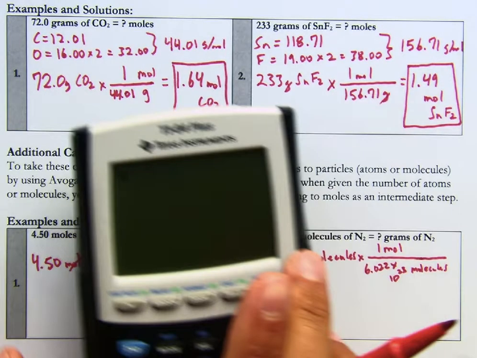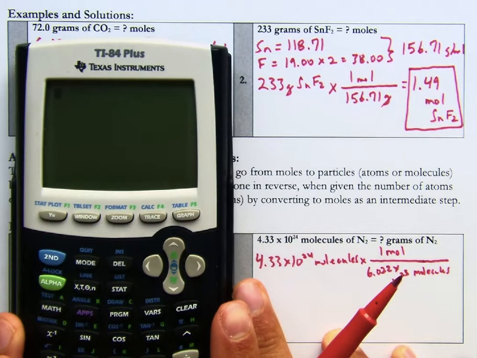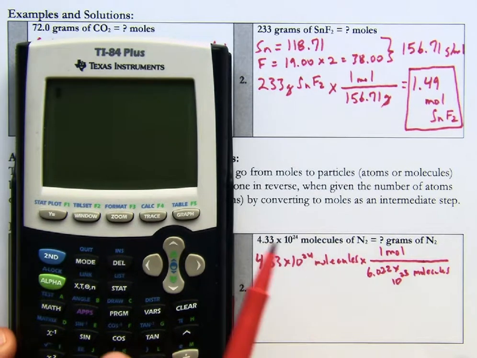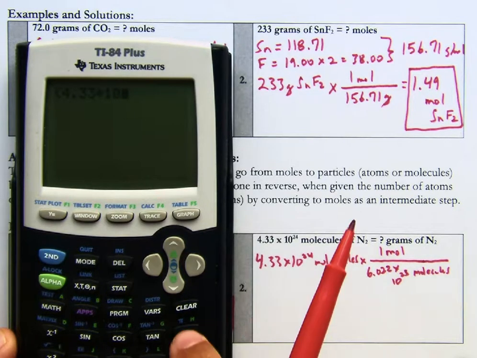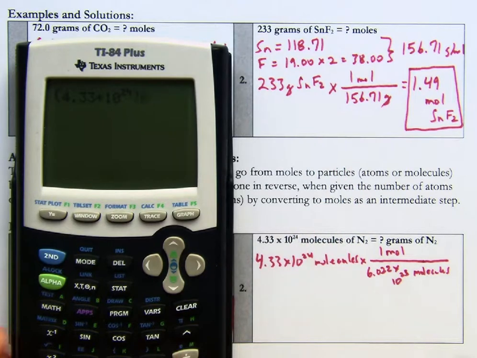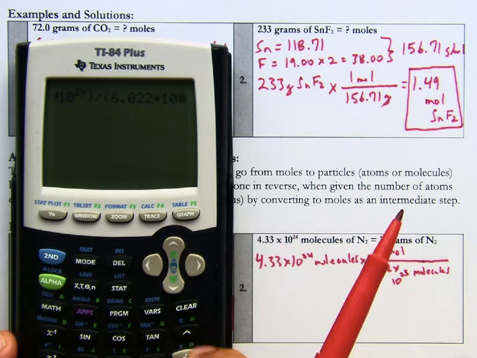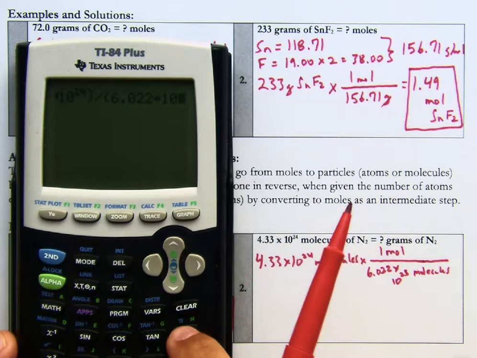Okay, so in the calculator, it might look a little bit messy here, but open parentheses, 4.33 times 10 to the 24, close parentheses. Now 4.33 times 10 to the 24 is going to get divided by, open parentheses, 6.022 times 10 to the 23rd.